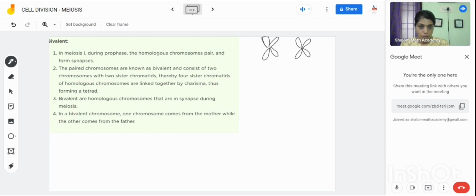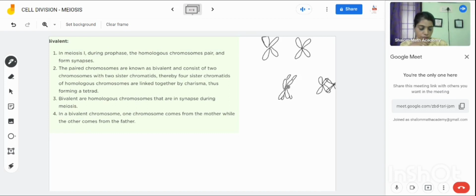So when they come over each other, this is how it will happen. Consider the other chromosome is here and this is there. They are lying as though they are lying on each other. Only when they are of the same shape and size is there that exchange of genetic material that will take place.